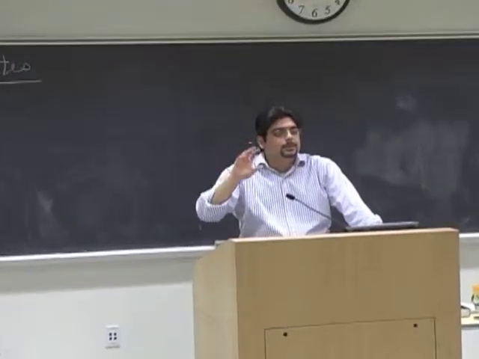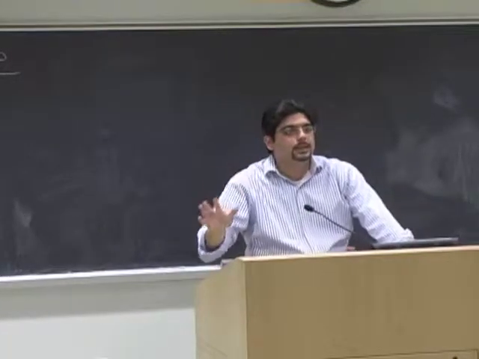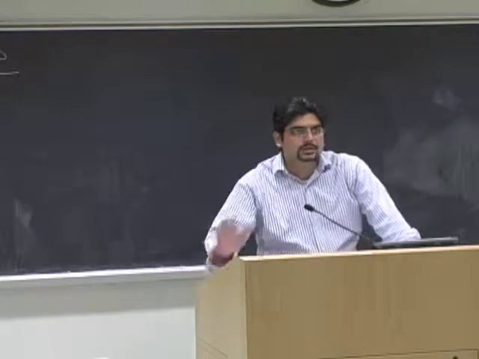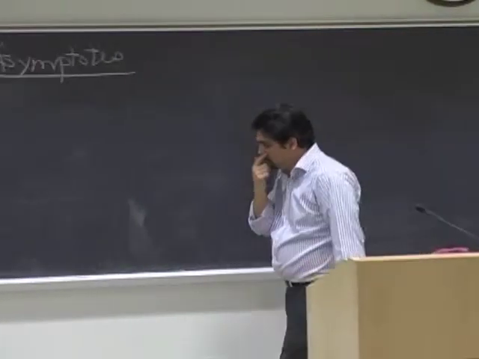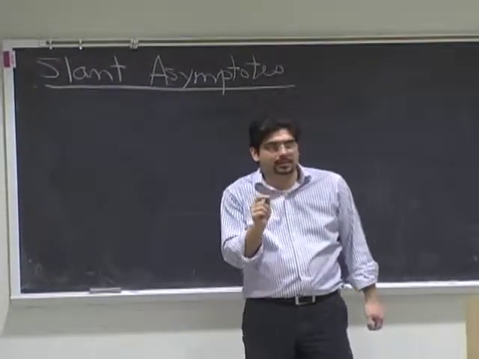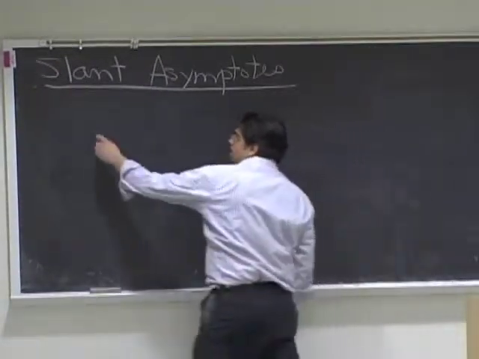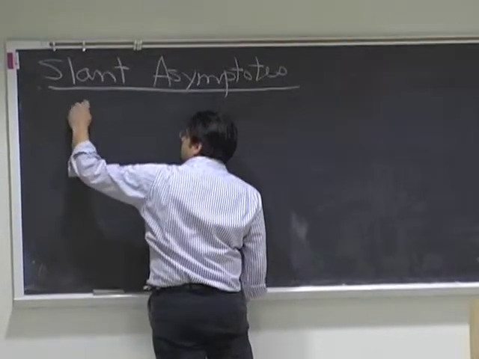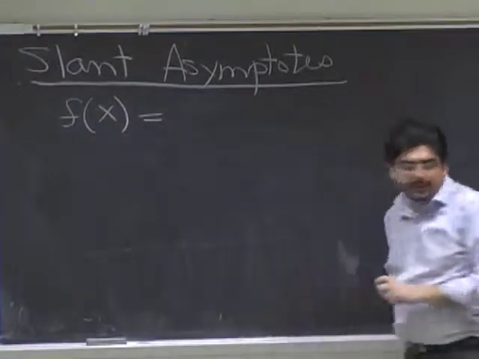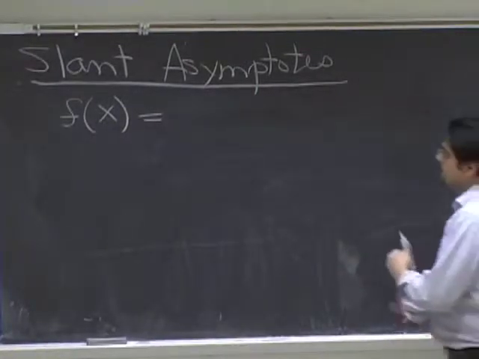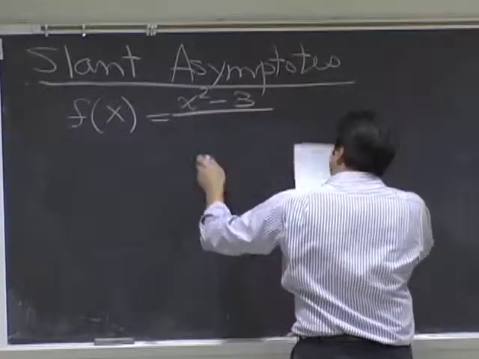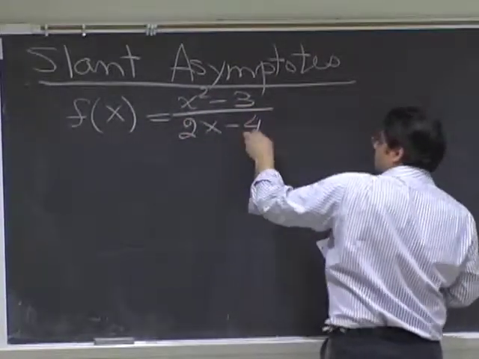We've made the relationship between limits at infinity and horizontal asymptotes. And we said that we have a horizontal asymptote if the limit at infinity equals a number. What if it doesn't? For instance, let's take this function. f of x equals (x squared minus 3) over (2x minus 4).